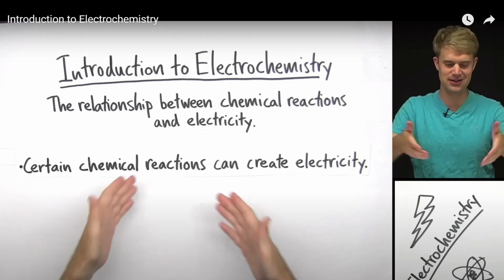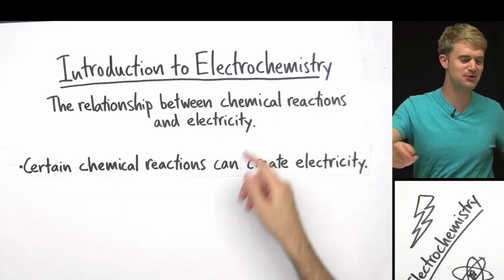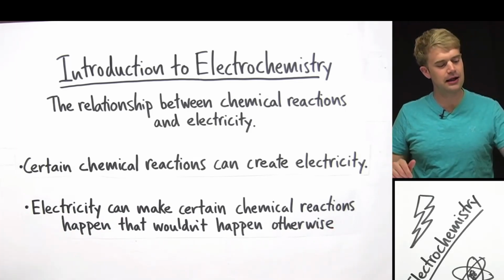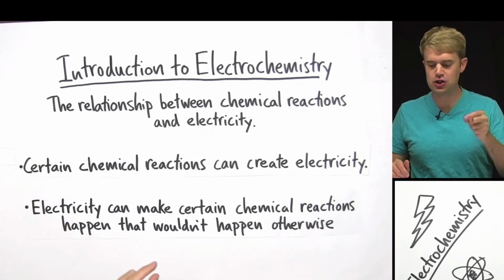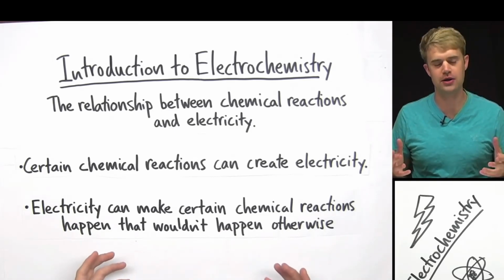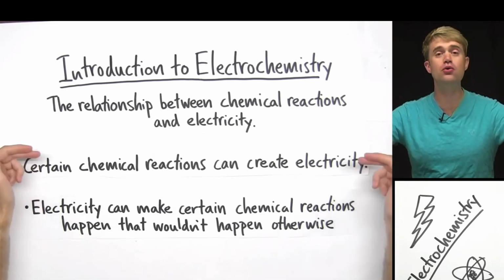If you get an alkaline battery, that's one that works in basic solution, so it would have a reaction that involves OH minus ions. So that's the first way that these two things interact with each other. The second is that electricity can make certain chemical reactions happen that wouldn't happen otherwise. We'll look at examples of both of these situations.